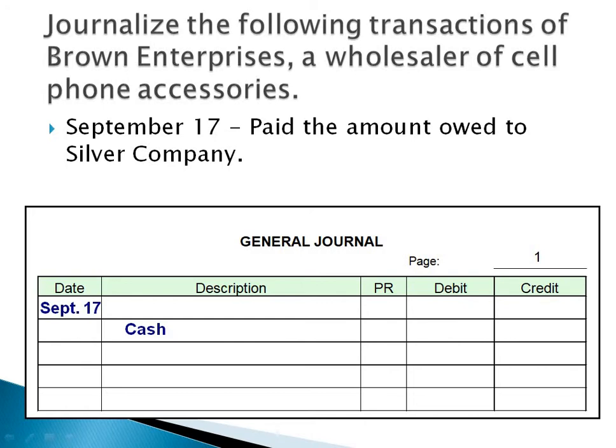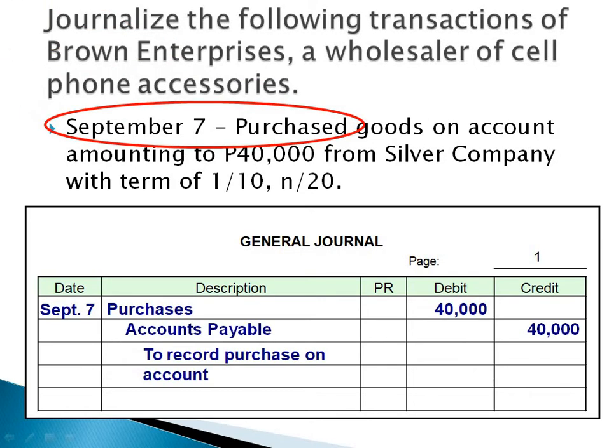In short, Brown Enterprises paid Silver Company because it had a liability, an accounts payable to Silver Company, which, if you remember, happened on September 7. That's why we credited accounts payable then for 40,000. Was there any other transaction before the payment on September 17 which affected this 40,000 pesos accounts payable of Brown Enterprises to Silver Company?